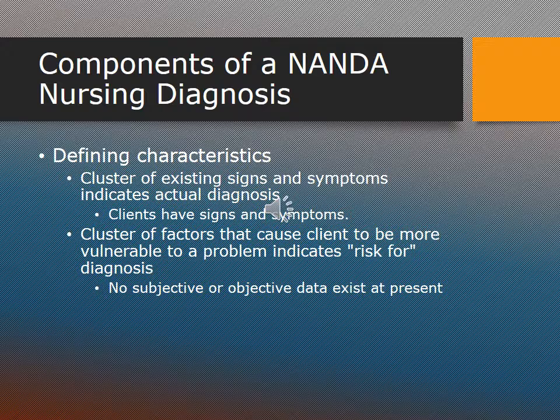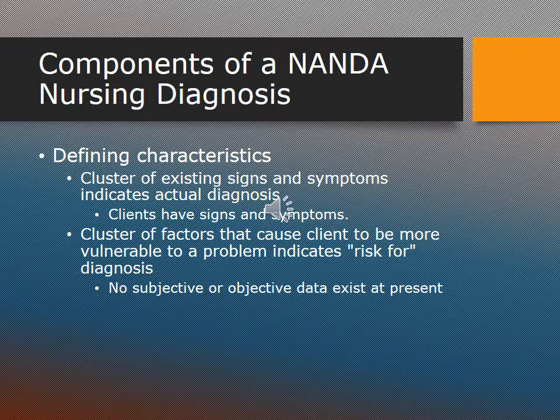So let me go ahead and further clarify. One, we have an actual diagnosis where you have signs and symptoms. They're present, you see them. They have pain, they have the facial grimacing, they have the bracing, they have their rating of the pain, and their description of the pain. And then let's say we have a patient that's diabetic. They have peripheral neuropathy, they have poor feeling in their lower extremities.